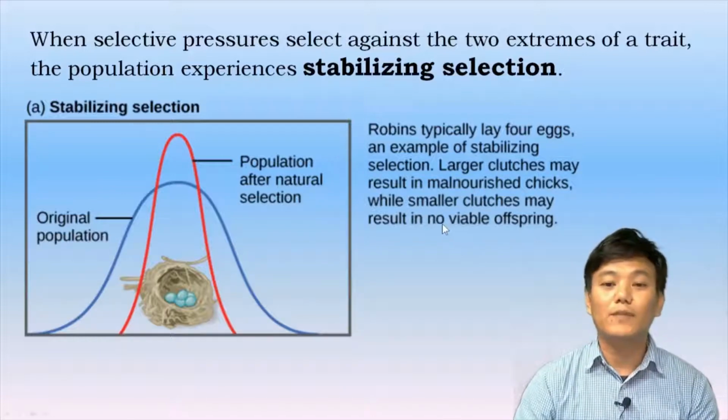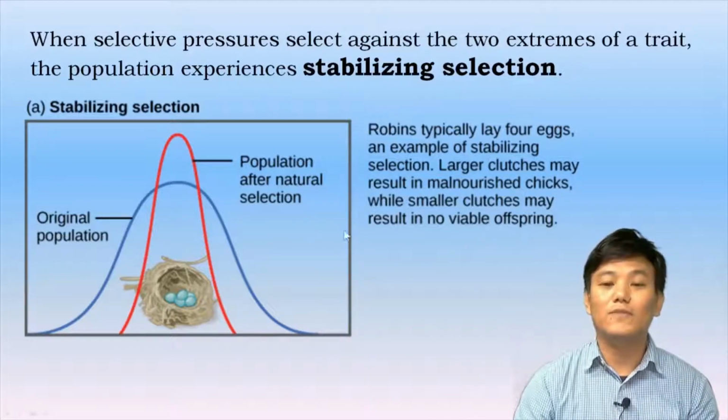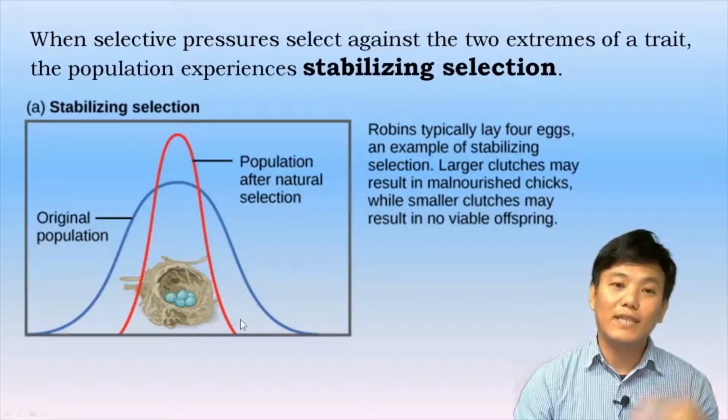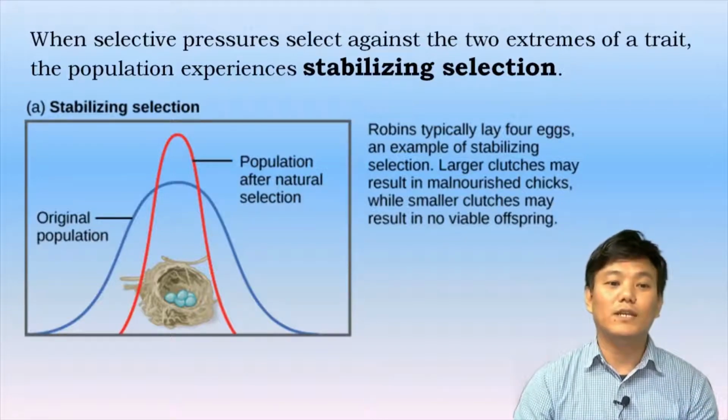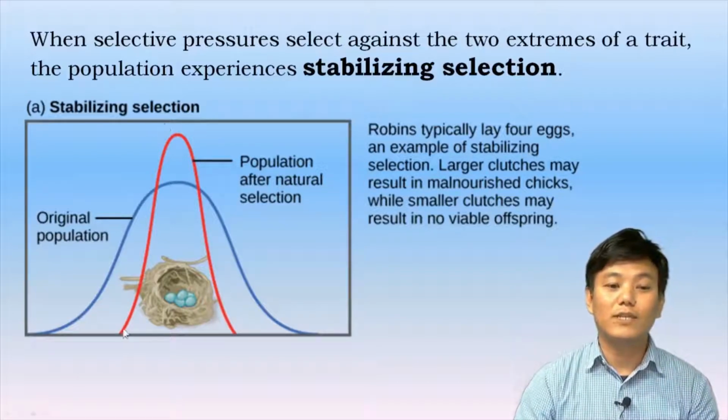It will result in no viable offspring, because offspring tend to die of other diseases and things, right? So the offspring won't be viable. So those robins which lay fewer eggs and more eggs will be negatively affected by natural selection, whereas those which lay about 4 eggs, which is the optimum number, will be naturally selected and their population will increase.